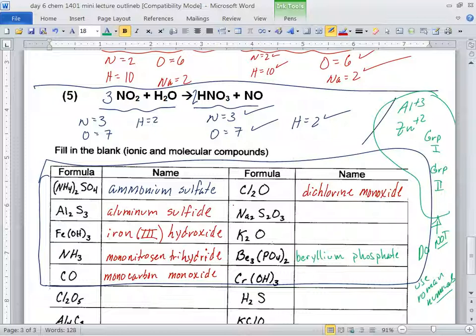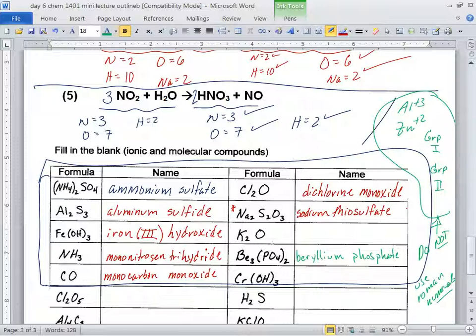Did anybody get this sodium one? That thiosulfate. You don't see that polyatomic ion very often. That's an ugly one. How did you name K2O?